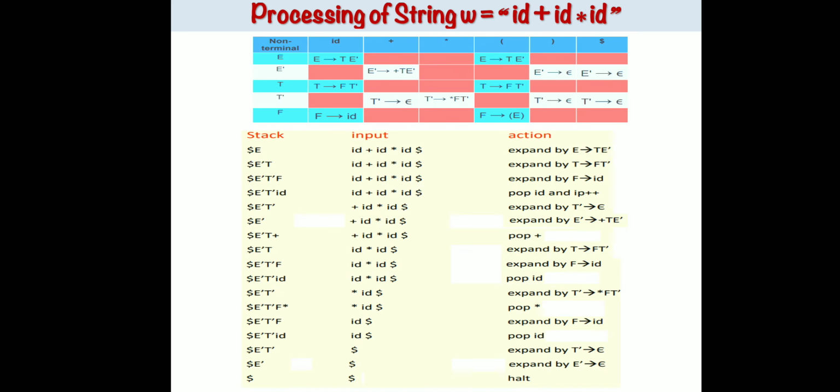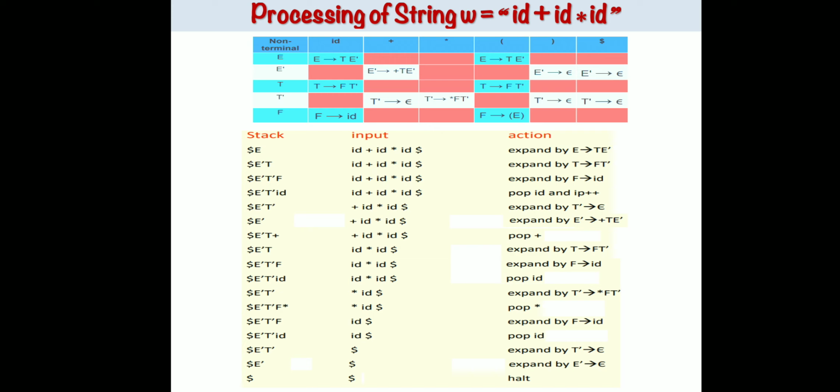Moving on to the next slide, which is all about the processing of a string, where the string is given as W equal to id plus id into id. We will perform the actions from the table we created. There are 3 columns: stack, input and action. We have to write the actions we are performing, and in the stack we will have the start symbol, meaning where we have started.